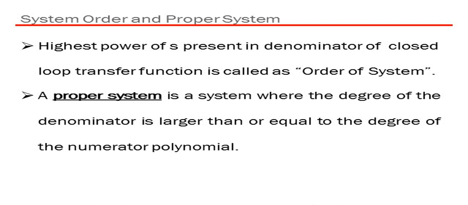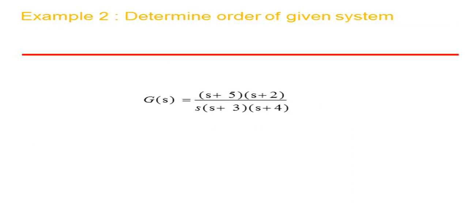Next point is system order and proper system. The highest power of S present in the denominator of the closed loop transfer function is known as the order of the system. We have seen this. Then a proper system is a system where the degree of the denominator is larger than or equal to the degree of the numerator polynomial.